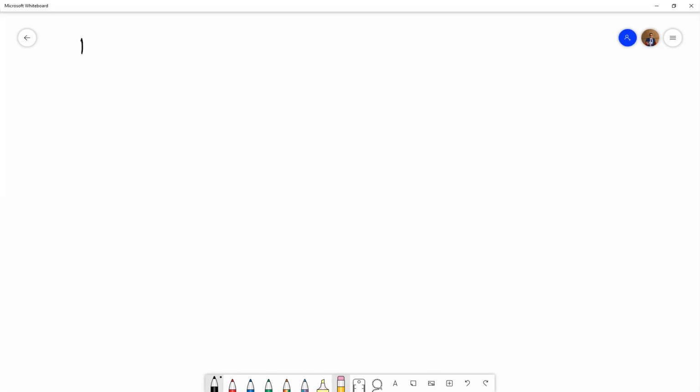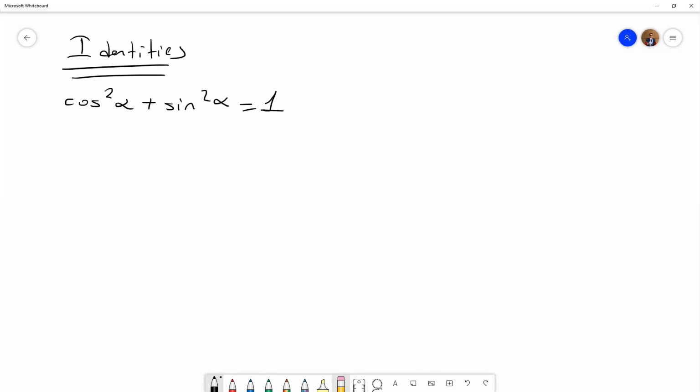Now we have some identities from last subject. So we will continue with derivatives, I mean differentiations also. Cosine square alpha plus sine square alpha is equal to 1.